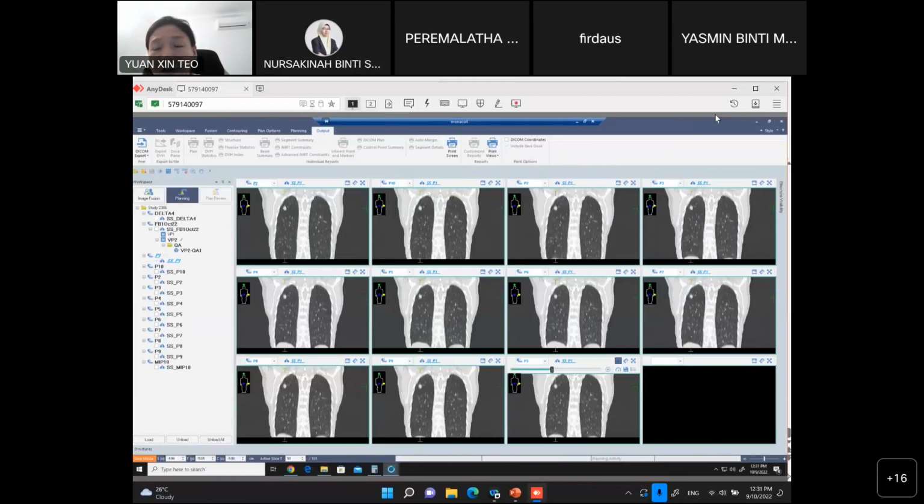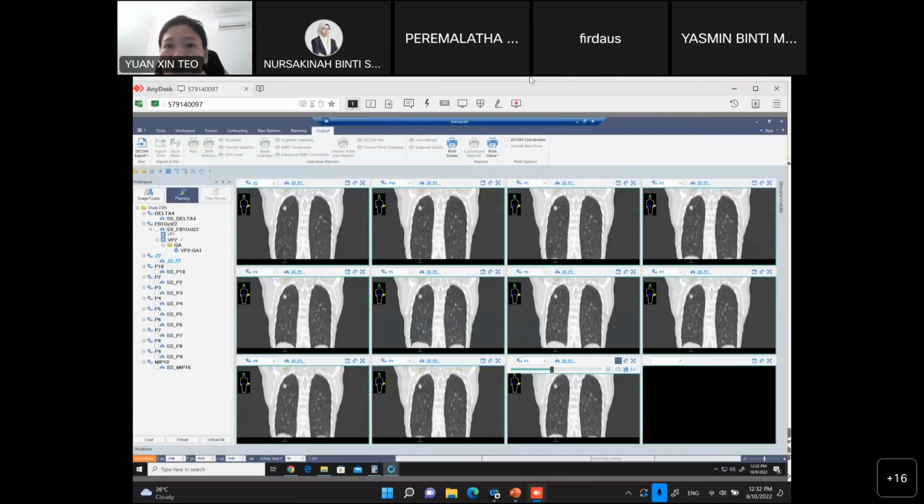If you are a very hardworking student, you can learn all these planning systems in advance, meaning you can learn about Monaco and Eclipse. There is the Eclipse treatment planning system, and there are research planning systems. All this you can learn in advance as long as you understand their meanings.